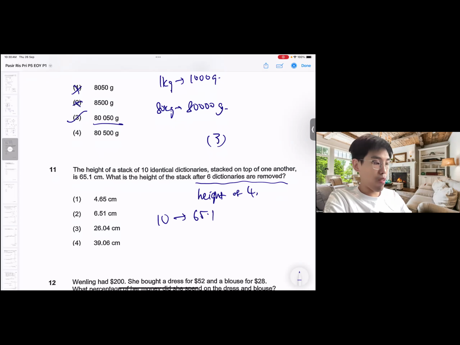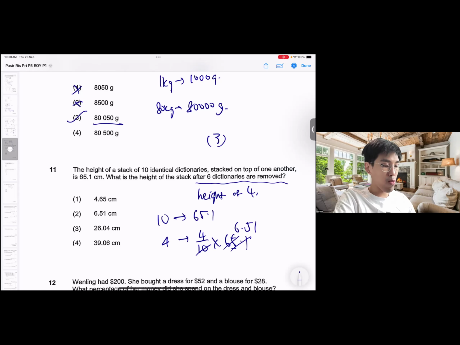We are looking at 4 is how many? So basically it's 4 over 10 times 65.1. Here we can do a simplification, or we can just straight away do cancelling. So this one will be 6.51. 6.51 times 4. Number 1 is out, number 2 is out. The answer will be option 3.